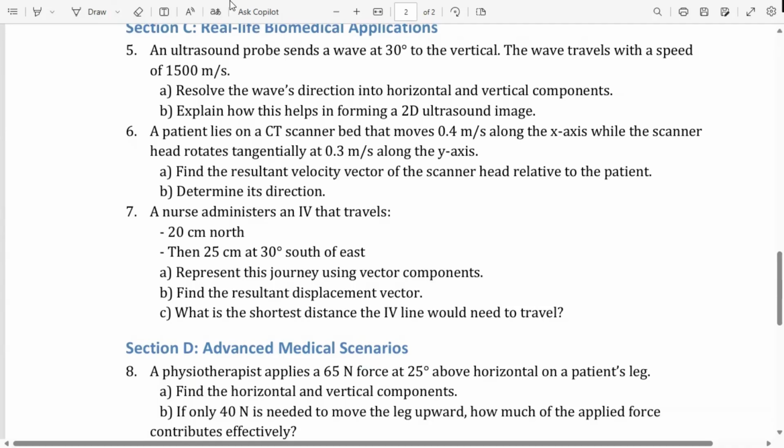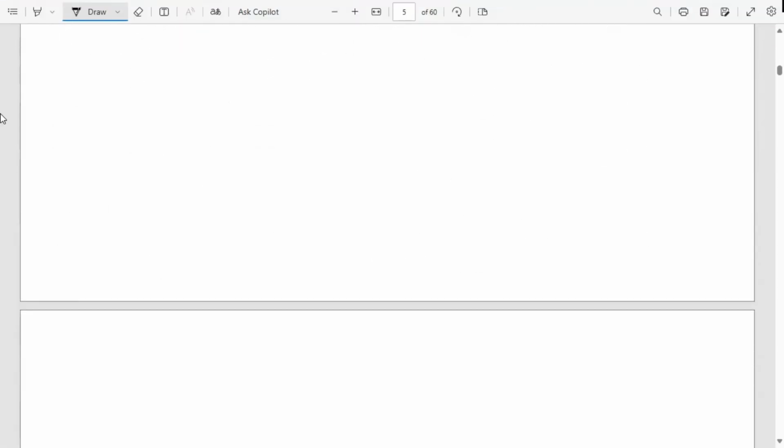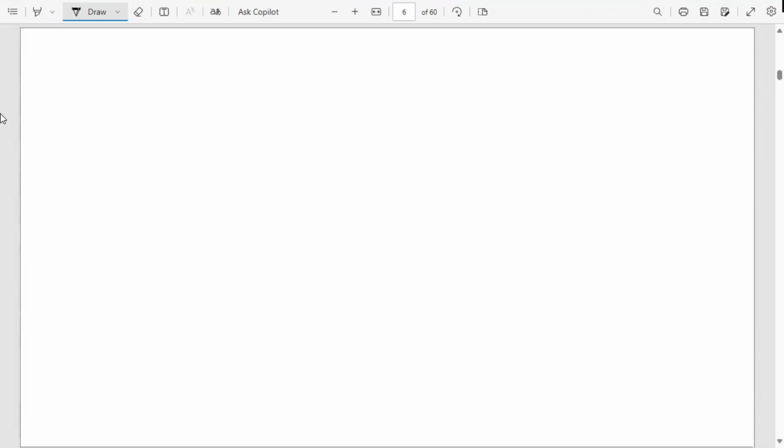Okay, so this is question 5. They've given us a wave with a speed of 1500 meters per second.